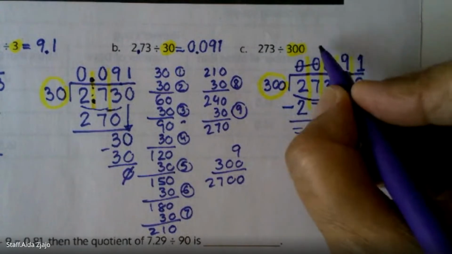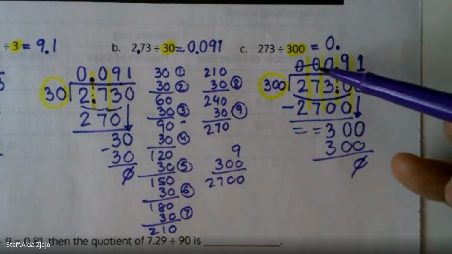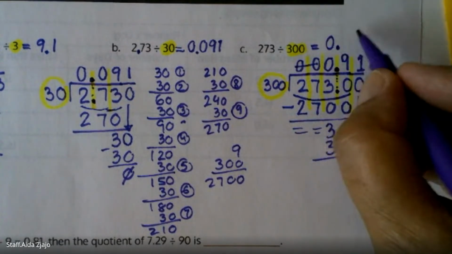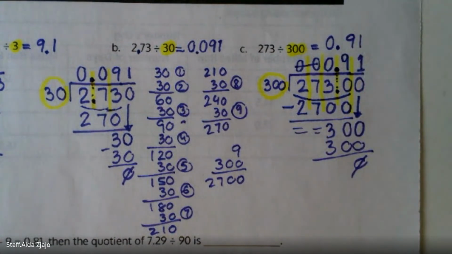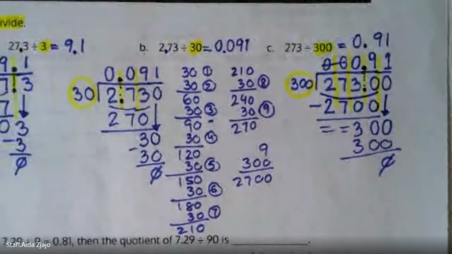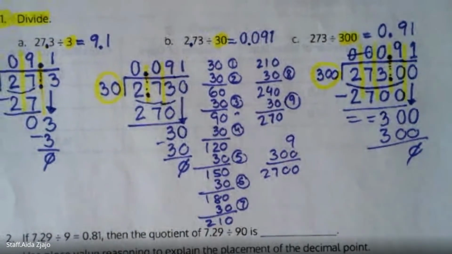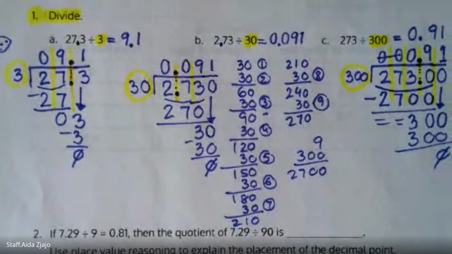So it's 0 holes, 0 tens, 0 hundreds, 0 ones, and 91 hundredths. So the digits are the same, the position of decimal is in different place values, and that was number 1, A, B, and C.